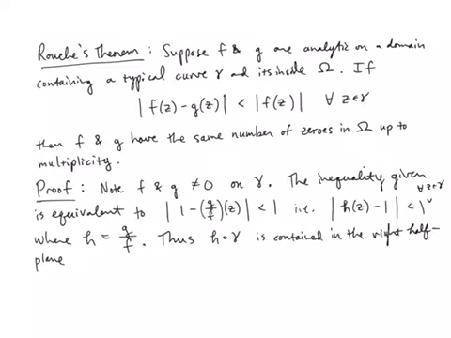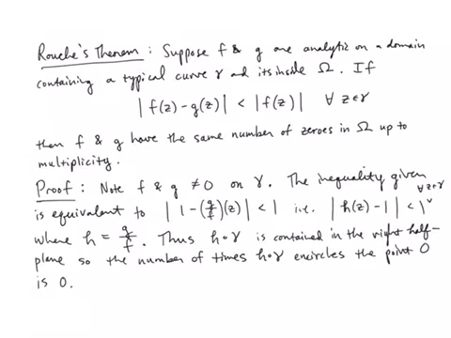So it doesn't go around the origin at all because it stays in the right half plane. So the number of times H composed with gamma encircles the point 0 is 0.